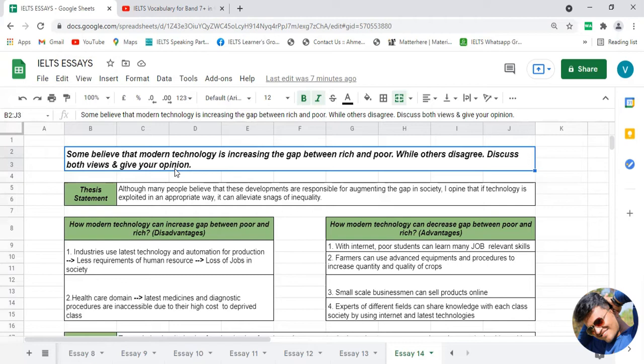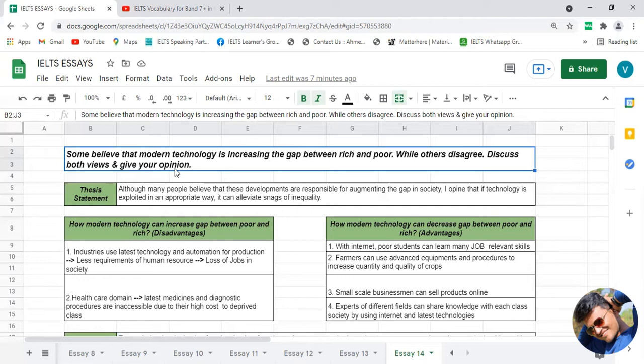The second body paragraph will mention the second view, in which people disagree that the gap is increased due to modern technology. And the last one will be your conclusion. In this way, we can develop this particular essay.